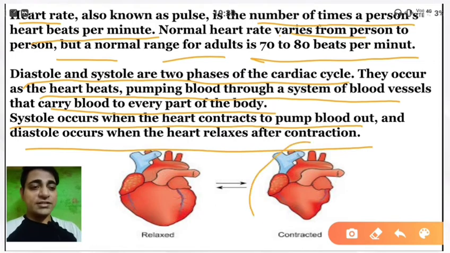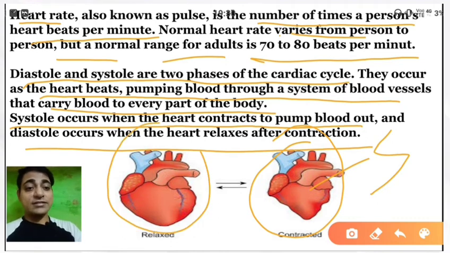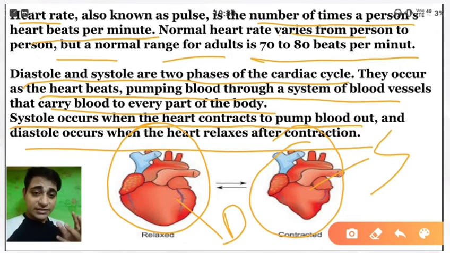So contraction is known as systole, and relaxation, when it is receiving blood, is known as diastole. Contraction means when it is sending the blood from heart to organs, that is called systole, and relaxation, or diastole, means when it is receiving the blood from different organs.